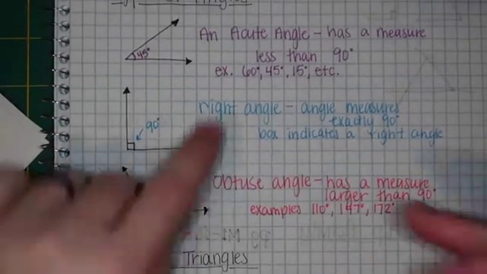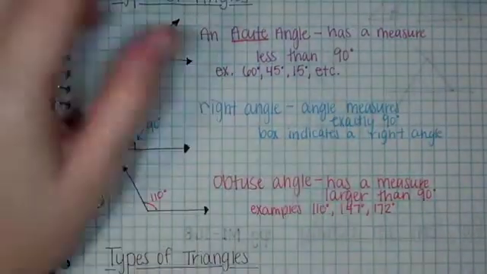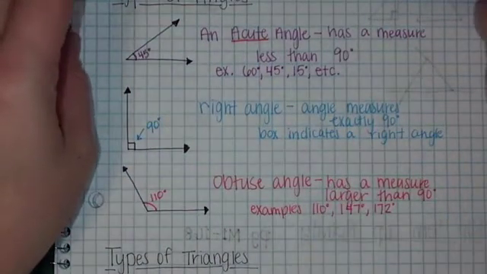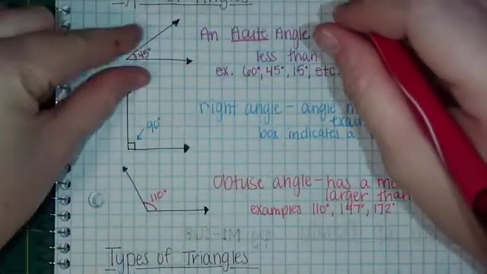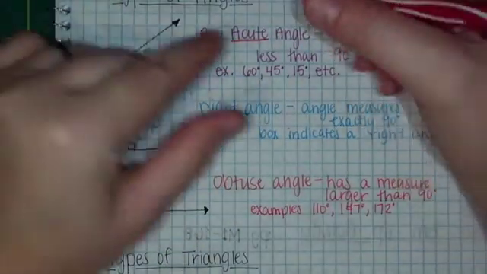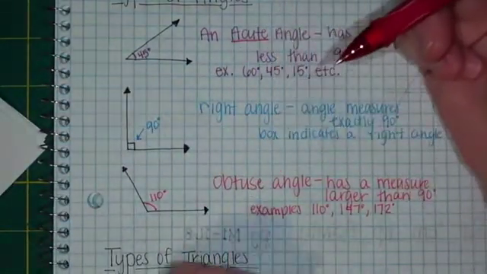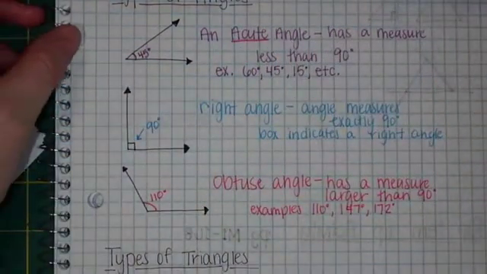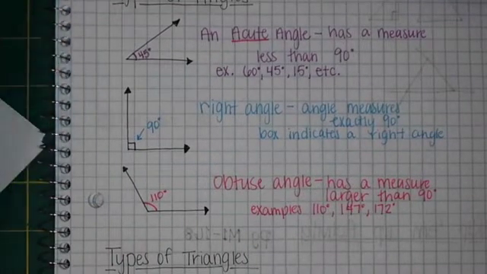Okay, so the way I remember acute is you think about like a baby is cute, baby tigers, they're all cute. So I think about it when it's real little, it's aw, cute. This one's obtuse. So if you think about, I know it's terrible, but it makes me think of the word obese.